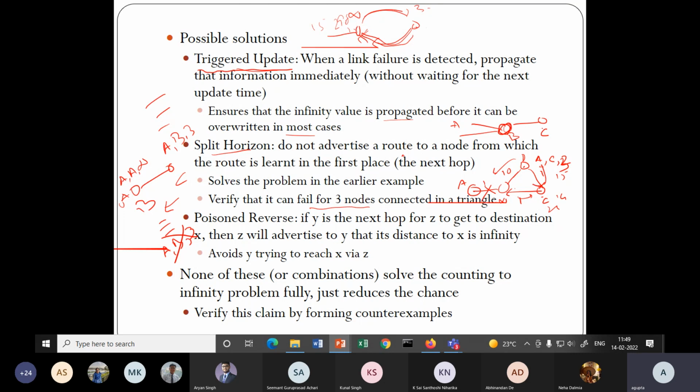So the same thing basically: Y is the next stop for Z. If you have Z, Y, and X, Z is reaching X through Y. Then when Z sends its routing table, it advertises all the other routes that Z can reach, and along with that, it will send you X, Y, infinity.